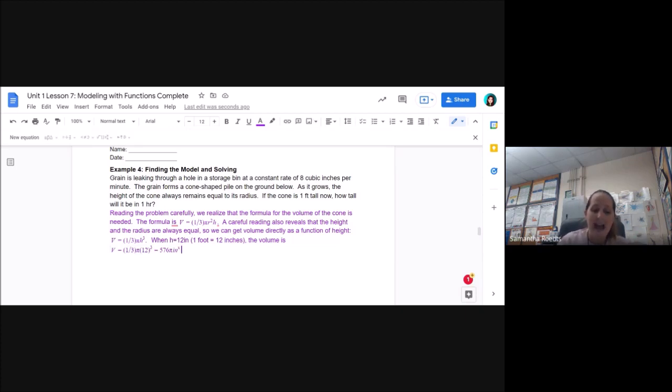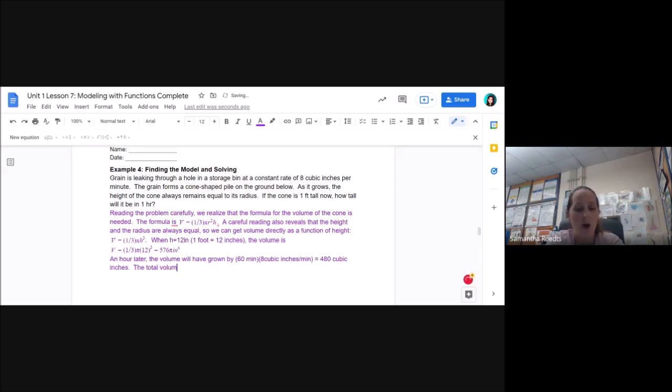So an hour later, okay, because right, so that's where it starts. An hour later, the volume will have grown by 60 minutes times 8 cubic inches per minute, equals 480 cubic inches.